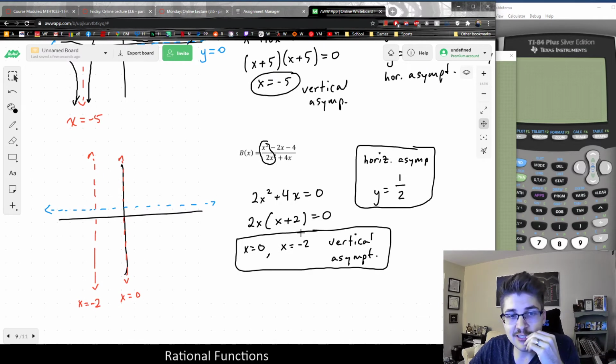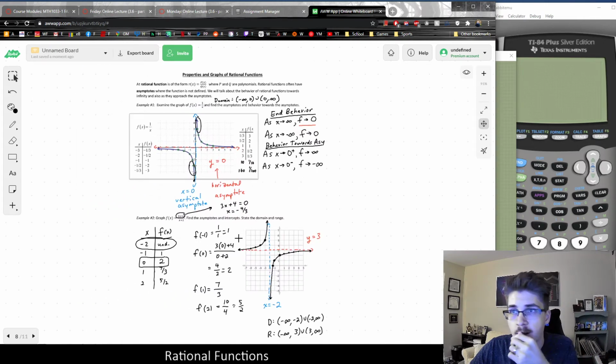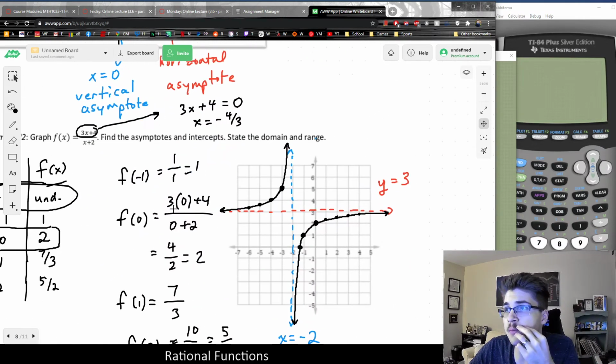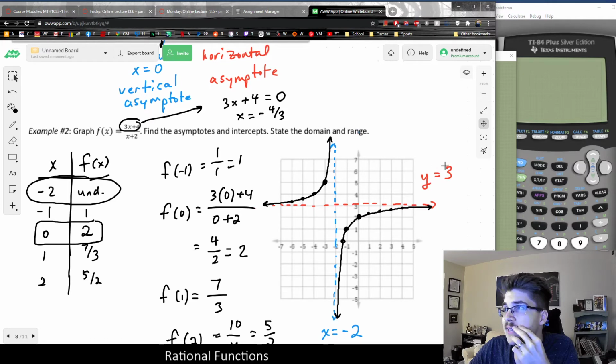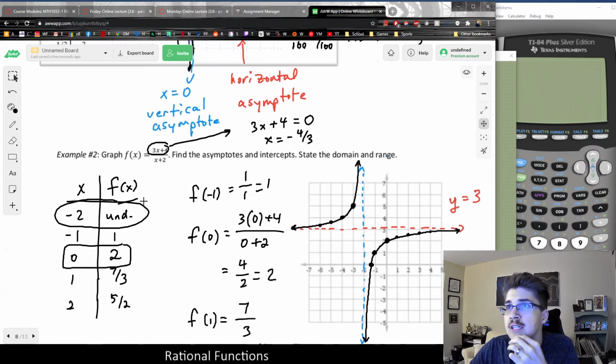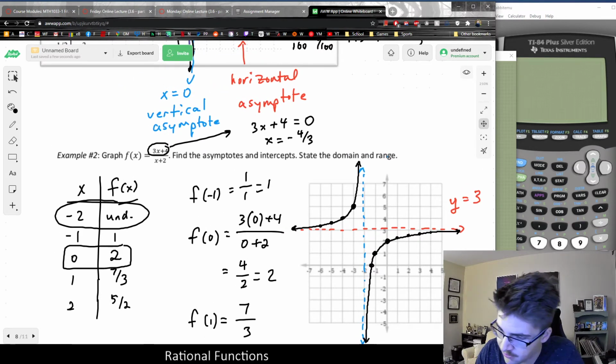And what I wanted to actually do is let's check, because we did an example a couple videos ago where we had a horizontal asymptote going through 3. Let's see if this is consistent with what we had from before. So notice, going back to example number 2, this one had the asymptote there at y is equal to 3. If you're looking at this under this new lens, notice that if we look at the leading coefficients, the leading terms, we had 3x over x.